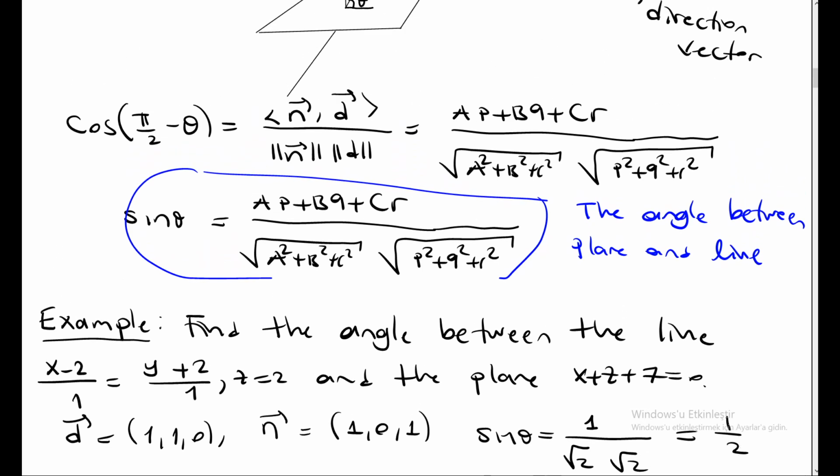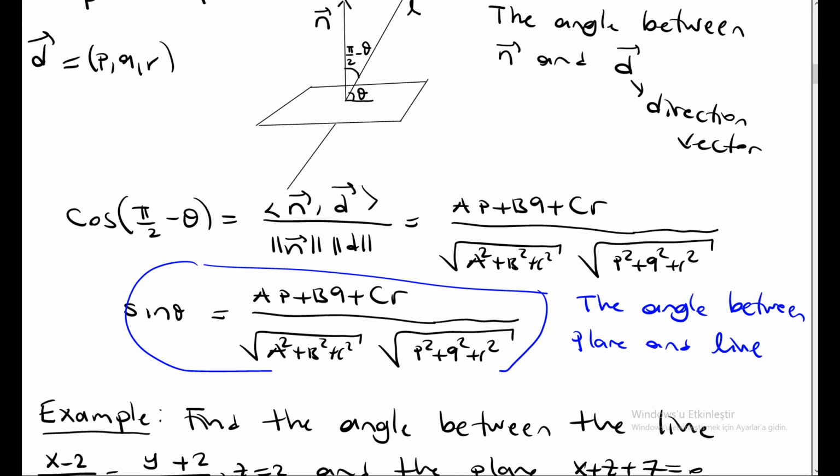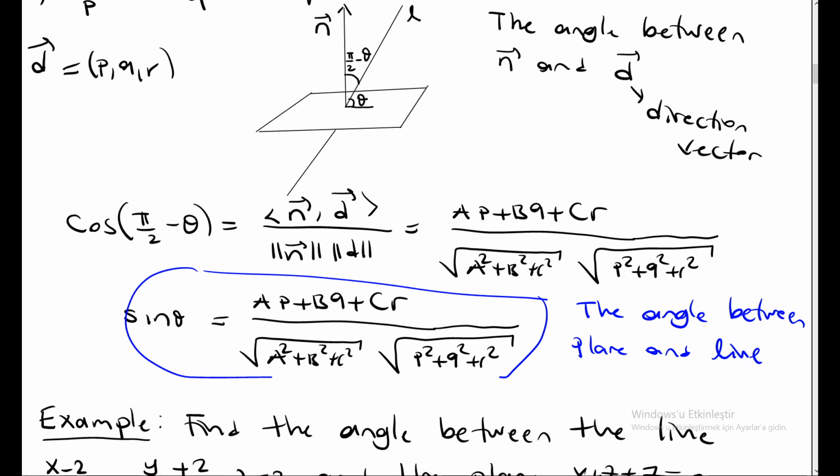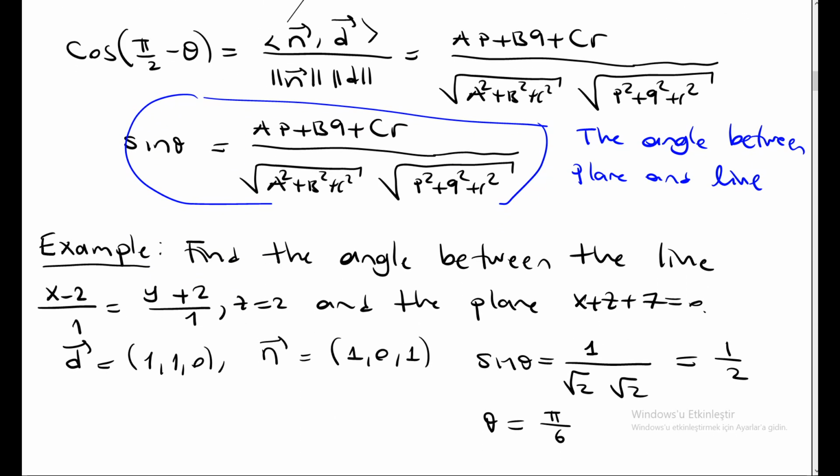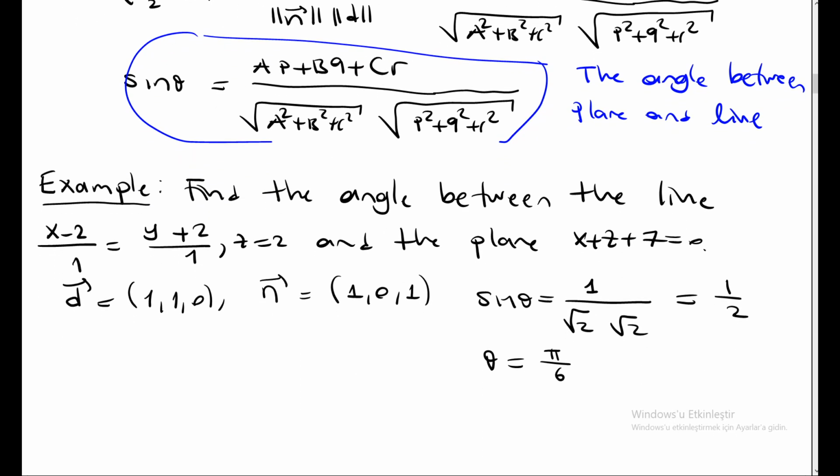Also, we can compare these n and l. If the inner product of n and l is 0, it means they are parallel to each other. So one will be this form, one will be this form, right? So we can write immediately this one. Okay, let me write here.